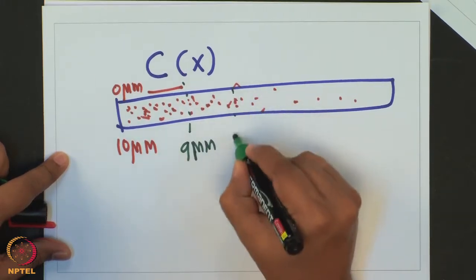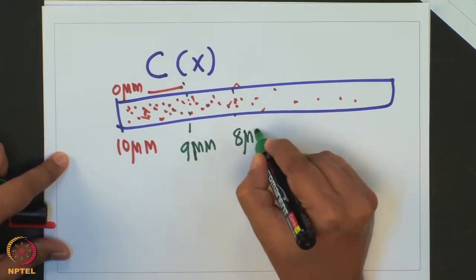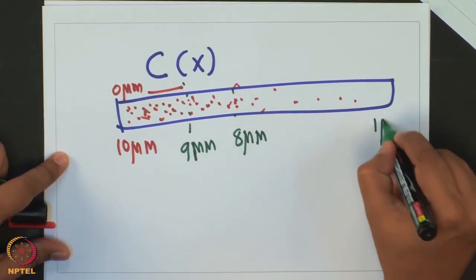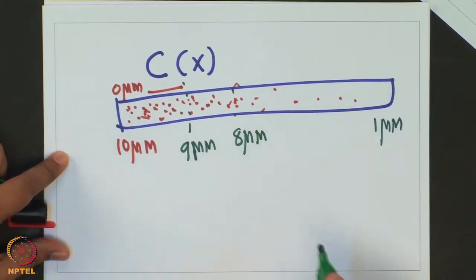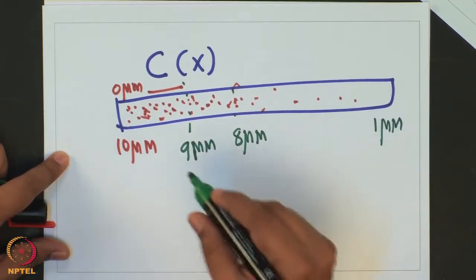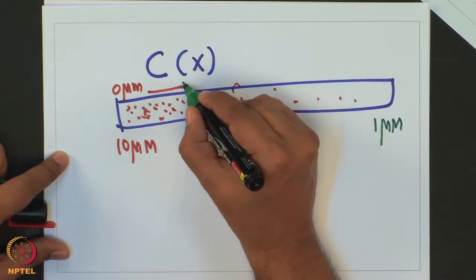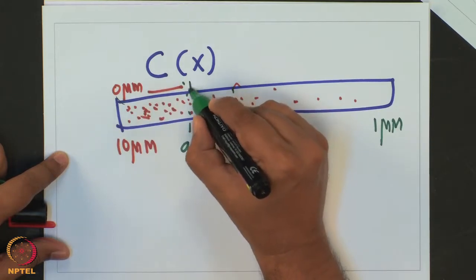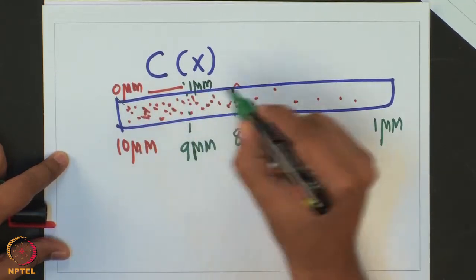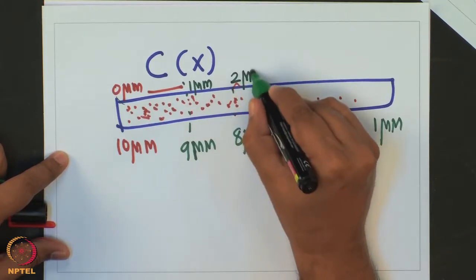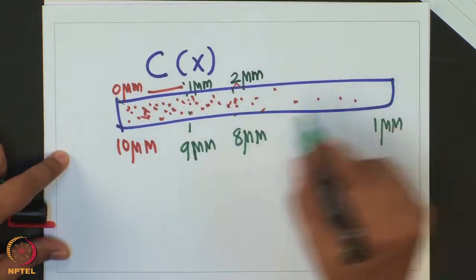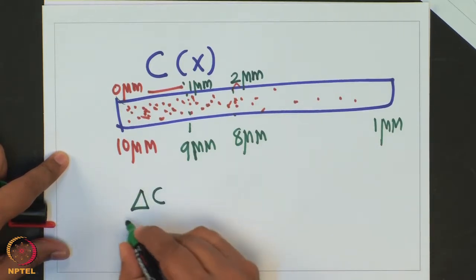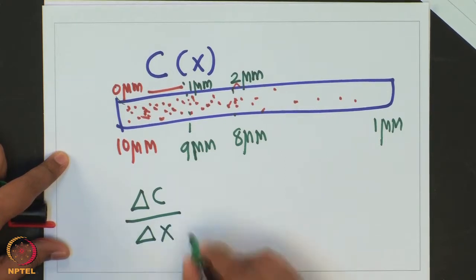And as I go here, let us say the concentration is 8 micromolar, and so on and so forth, and it will become 1 micromolar here. So the concentration is changing 1 micromolar every micrometer. This is the 0 micrometer position, here it is 1 micrometer, and here it is 2 micrometer, and as I go along, the concentration is changing. So delta C, the concentration, is changing as I go along the distance x.